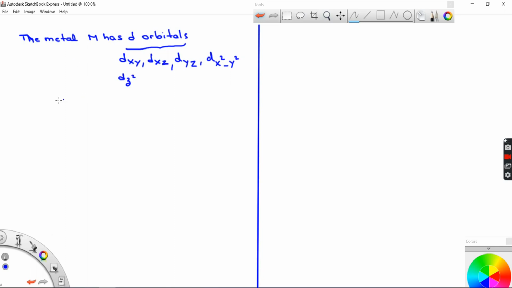As you know, these orbitals are in all directions x, y, z. So M practically has, by theory, d orbitals in all directions. That means it can receive the electrons from the ligand easily because it has d orbitals in all directions.